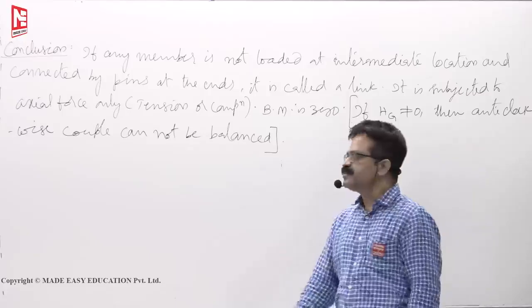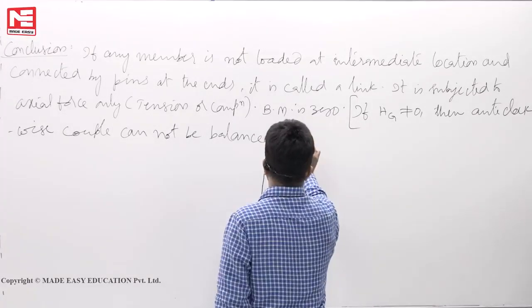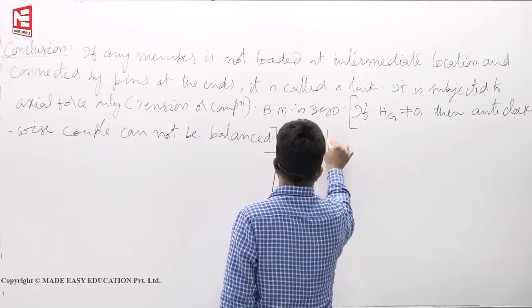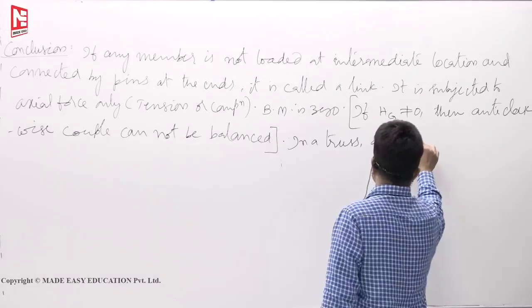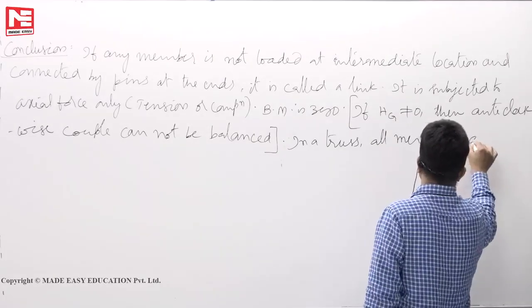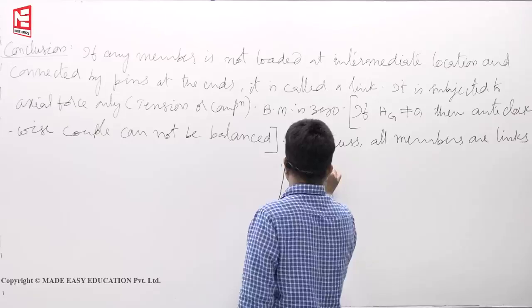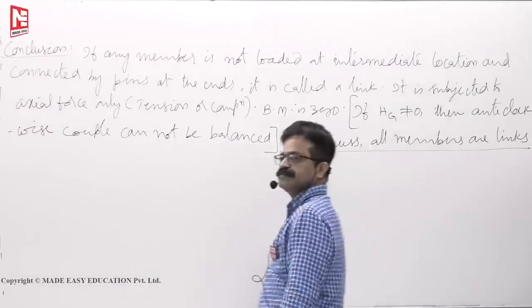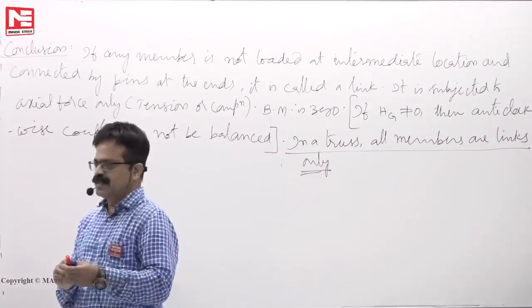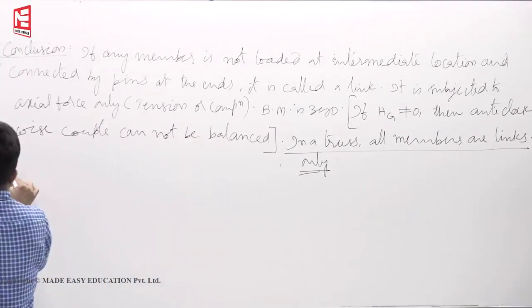That's why bending moment is 0. So, in a truss, all members are links only. Truss consists of all such type of links only. That is the first, note 1.